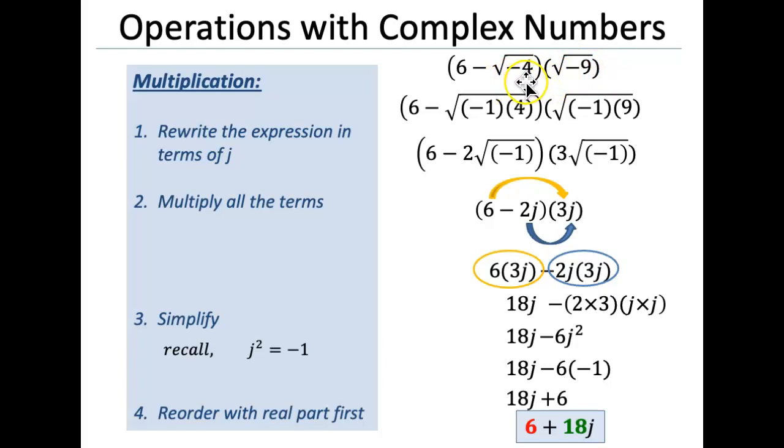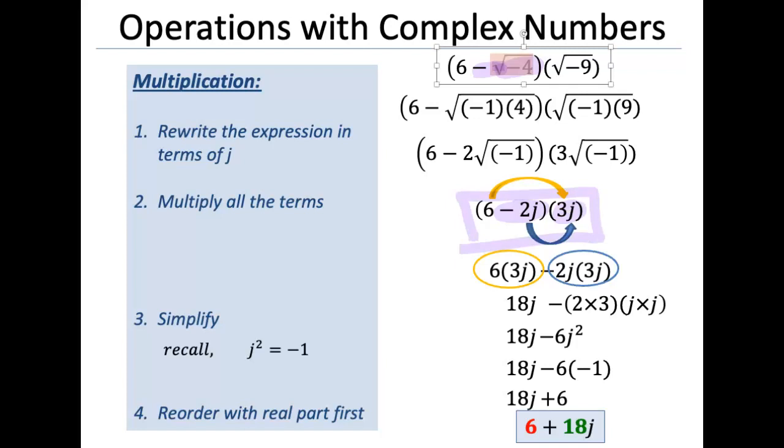The square root of negative 4 is 2j, and then we've got it minus because of that minus sign. So 6 minus 2j. Square root of negative 1 is j, and square root of 9 is 3, so that's 3j. So now we've got it in terms of complex numbers written in terms of j.